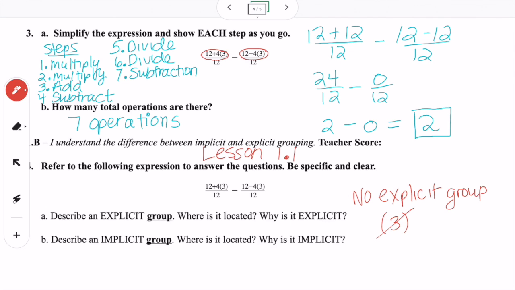Part B says describe an implicit group. Where is it located? Why is it implicit? There are 2 implicit groups. 12 plus 4 times 3 is an implicit group because it's the numerator of a fraction.